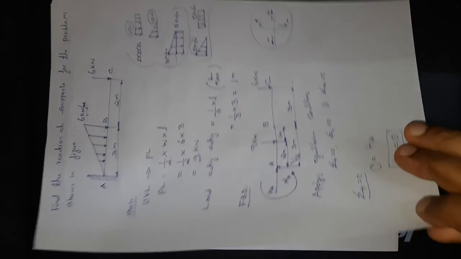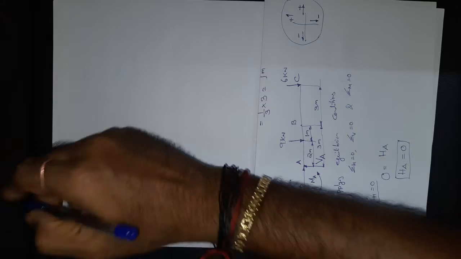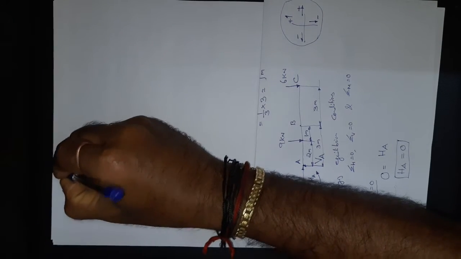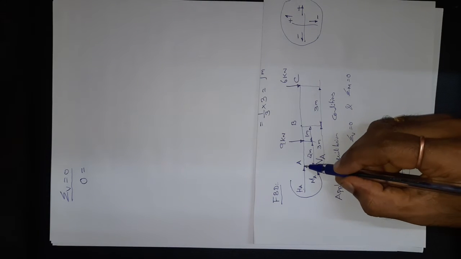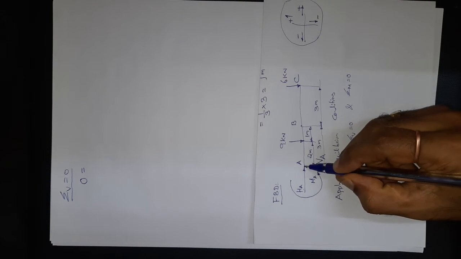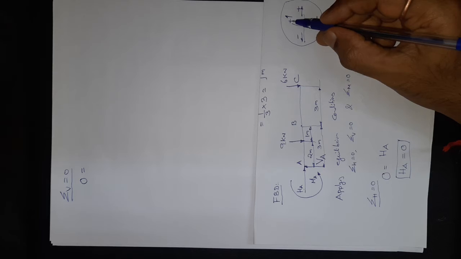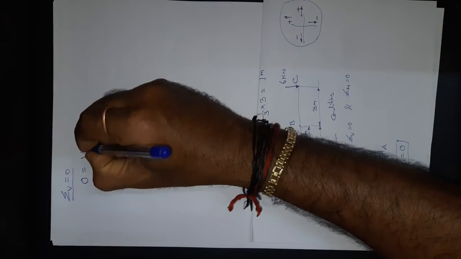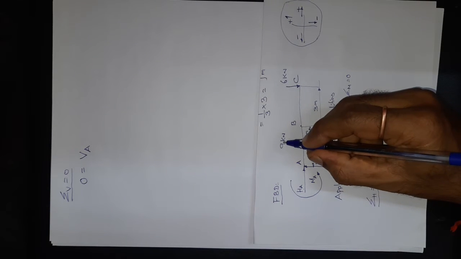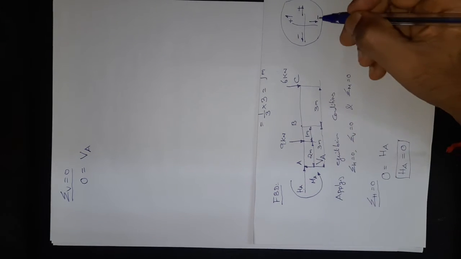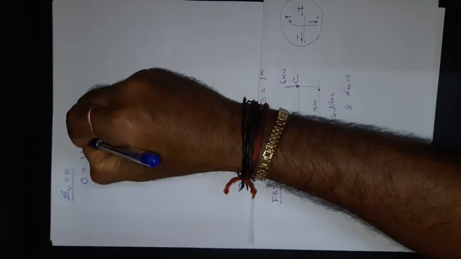Next, I am going to resolve the vertical forces. Summation V equal to 0. 0 equal to vertical forces. Look at point A, a vertical force acting vertically upwards, which carries the positive sign, so VA. Let me move to the next one, the 9 kilonewton, which is acting vertically downwards, which will carry the negative sign of minus 9.